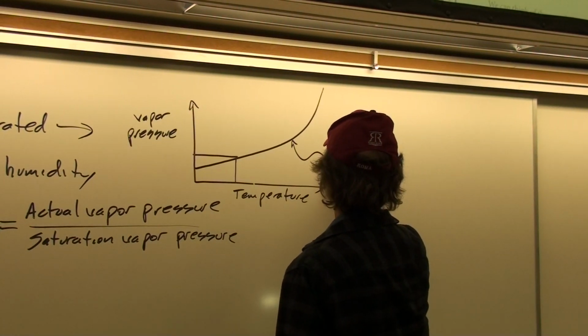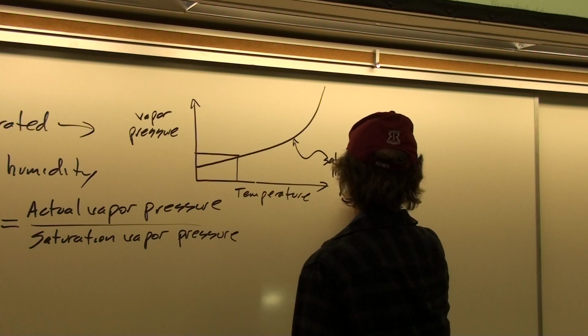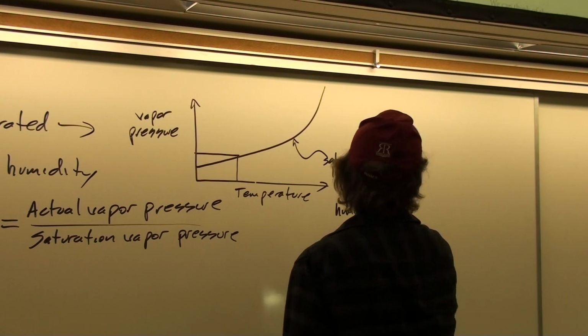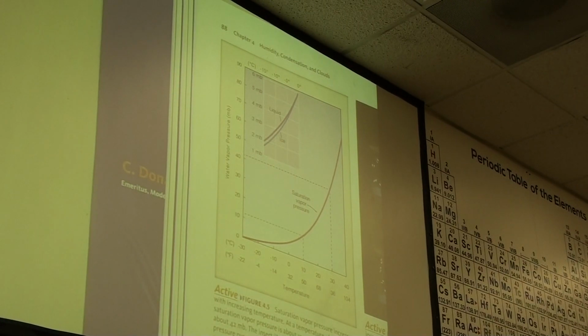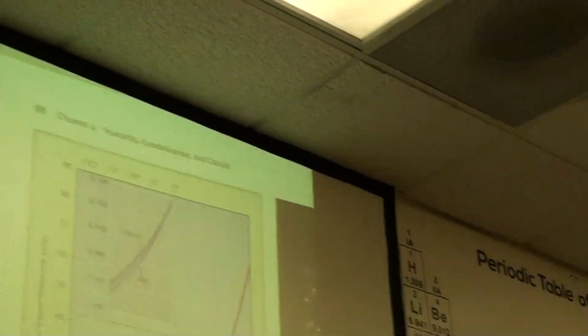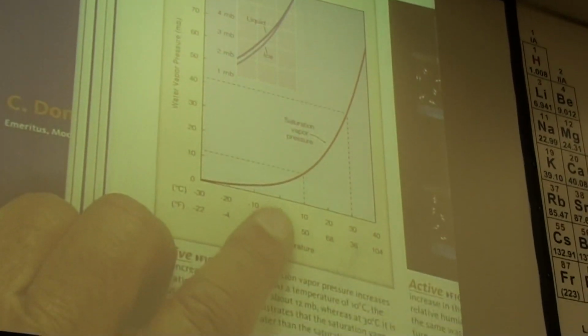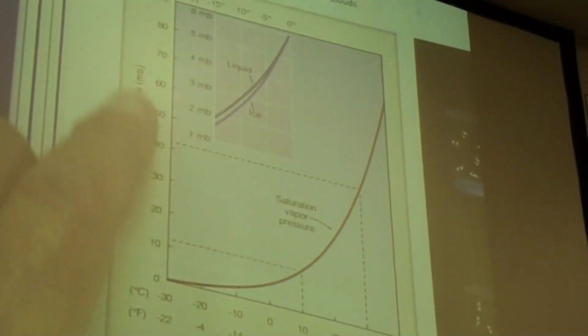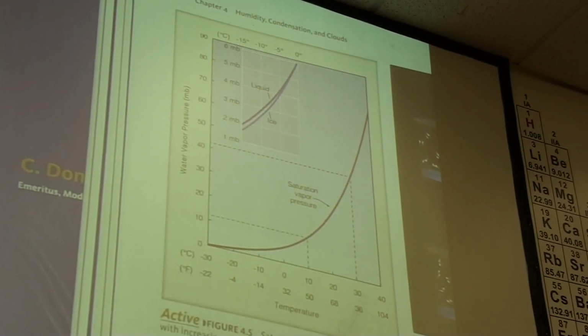This is the saturation line, where we're at 100% relative humidity. And so if we look up at the data projector for a second, we can see a figure that comes straight out of your textbook. And so these are specific values then for the temperature down here versus the vapor pressure up here. And the vapor pressure is typically measured in millibars.